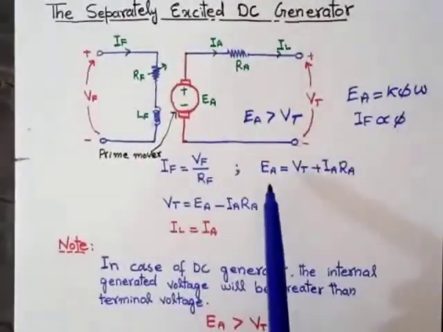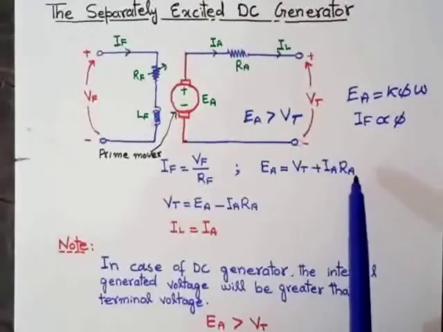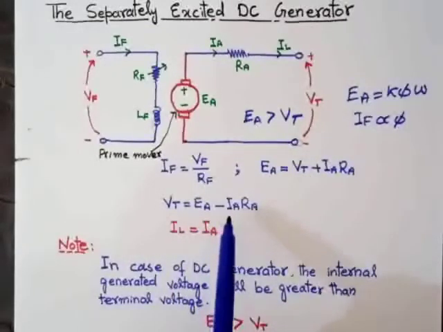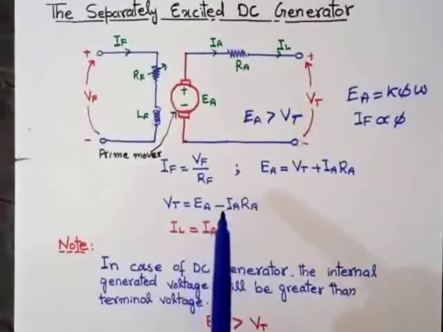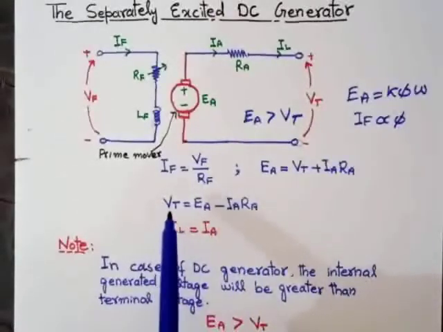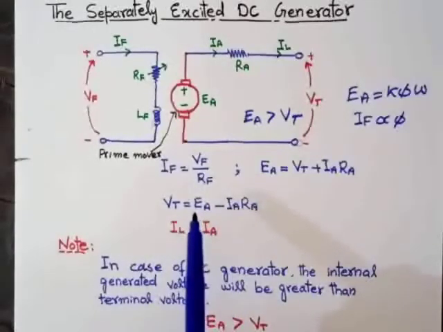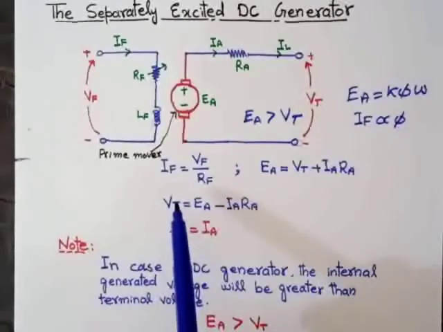That's why by applying KVL we get EA equal to VT plus IA into RA. Here the value of VT is EA minus IA into RA. By using this formula, we can calculate the terminal or output voltage of the DC generator, where EA is the internal generated voltage and VT is the output voltage.